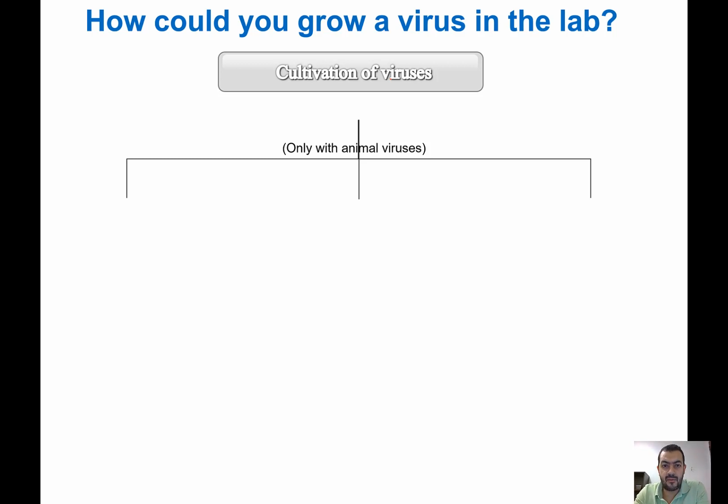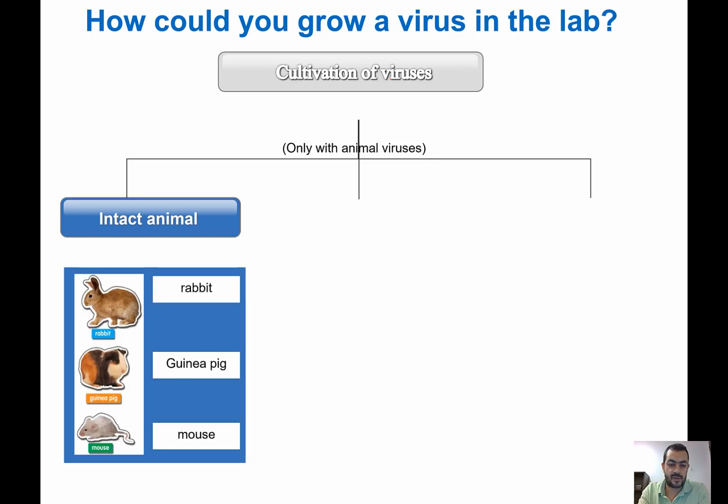If it is an animal virus, we have one of three main approaches. Number one, to use an intact animal. We will inject the virus into an intact animal and the virus will grow and multiply inside the animal. This could be, for example, a rabbit, a guinea pig, or a mouse.